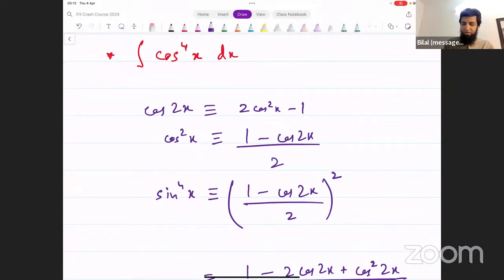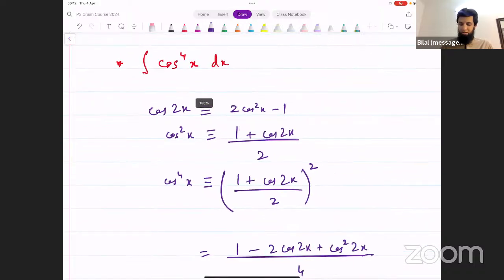When you make cos square x the subject, that's going to be 1 plus cos 2x over 2. Right? And then what about cos raised to power 4x? That's going to be (1 plus cos 2x over 2) whole squared. Right? This is what we get.